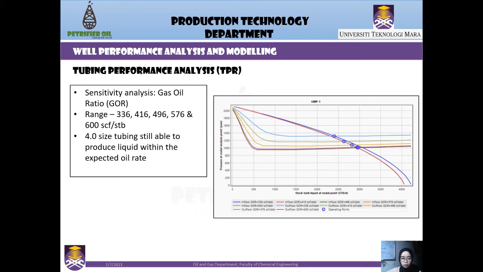Still, the optimum size of the tubing selected is still 4.0 inch because the expected oil rate produced by the tubing does not have much difference, so we decide to choose 4.0 inch to reduce the cost.